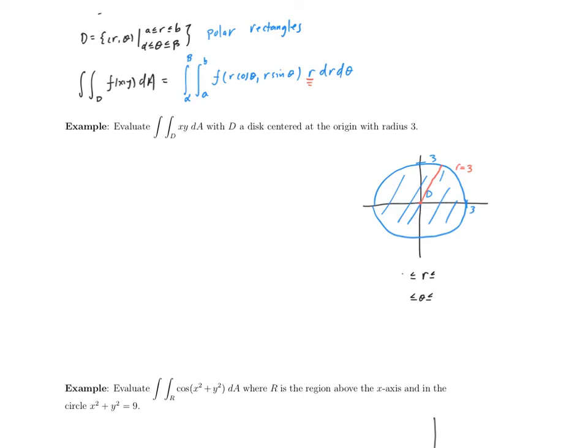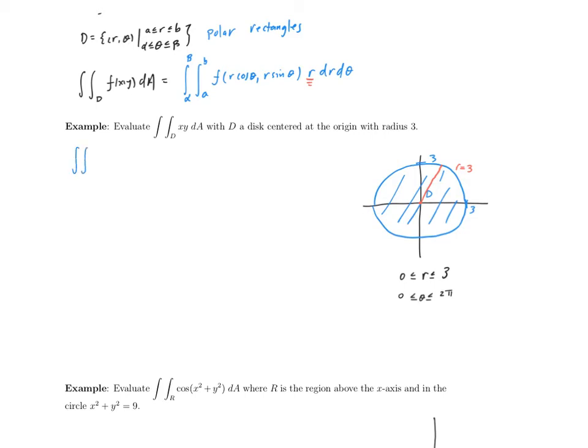That is to say, 0 to 3 for the r values. And because we are going all the way around the origin, the theta values vary from 0 to 2 pi. We now have everything we need to set up and then evaluate the given double integral.